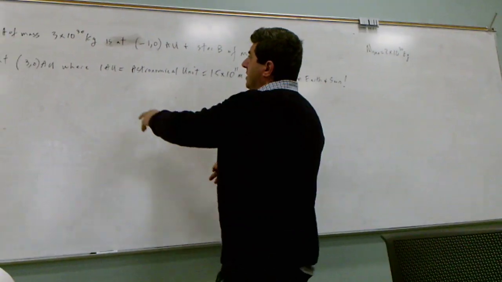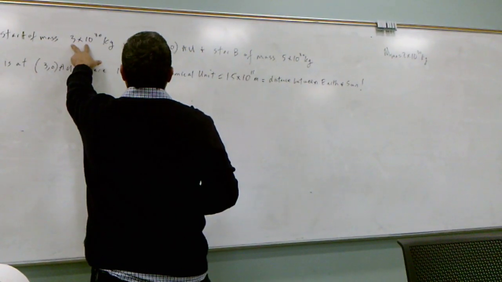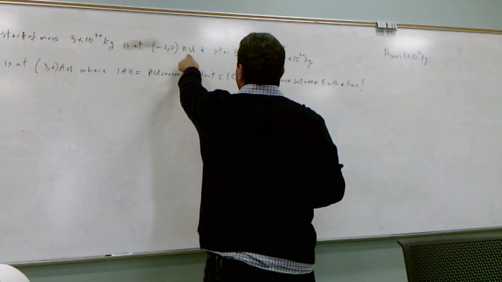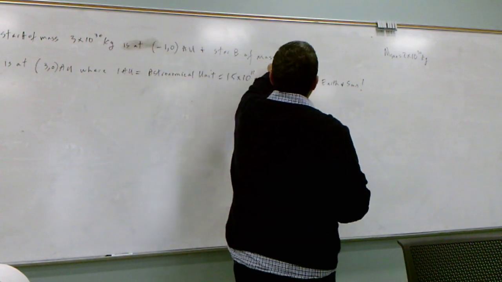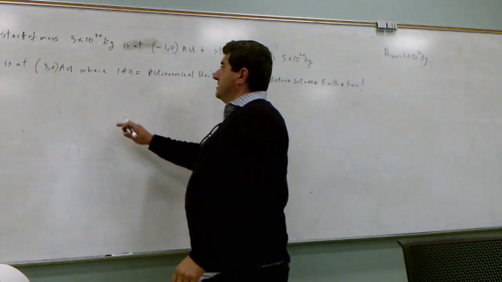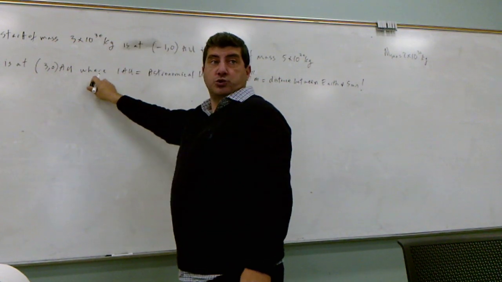So star A is slightly heavier than our sun, the same order of magnitude, at negative 10 AU. And star B is also heavier than the sun, 5 times 10 to the 30, at 30 AU. So the distance between them is 4 AU.